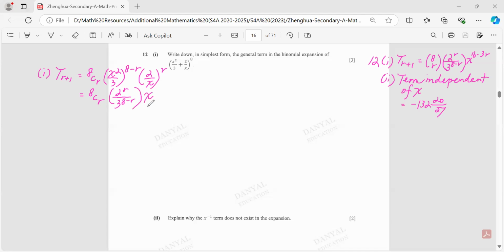Then x to the power of 2 times 8, which is 16, and then 2 times negative r, that is negative 2r. And then 1 over x is basically x to the power of negative 1. We have negative r there, so altogether negative 3r.